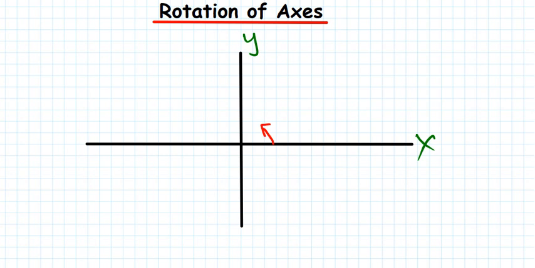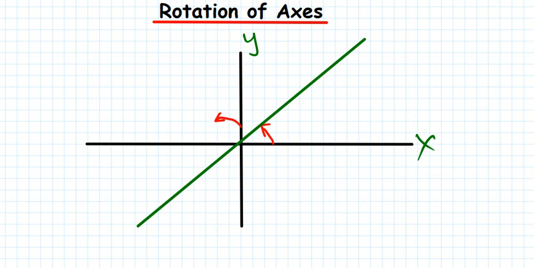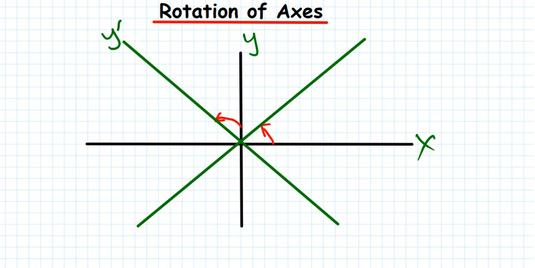You rotate the x-axis, and then you rotate the y-axis by the same magnitude. So this becomes your new y and your new x.